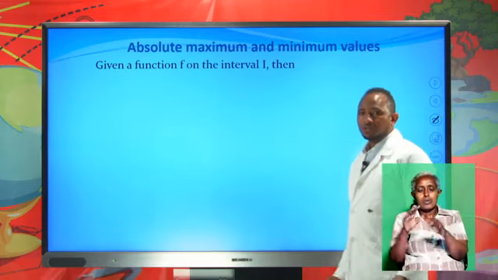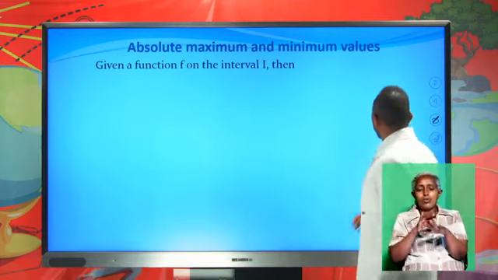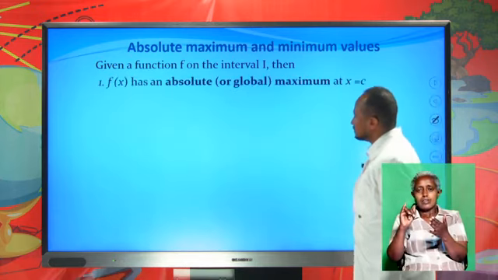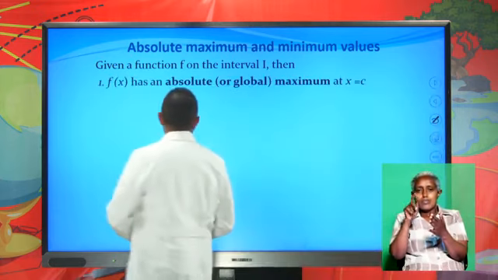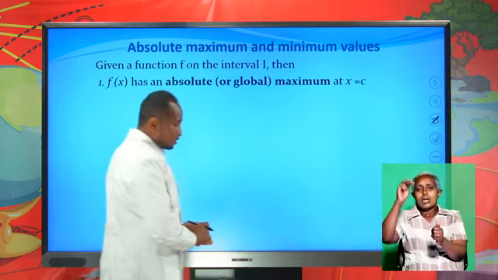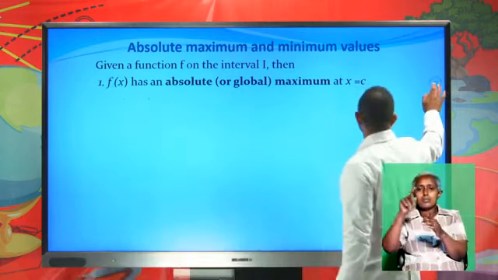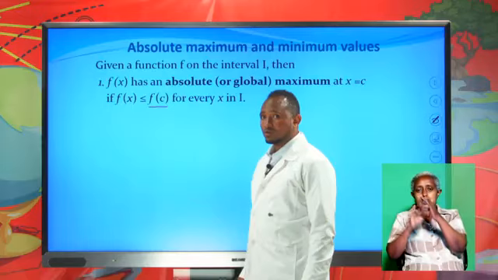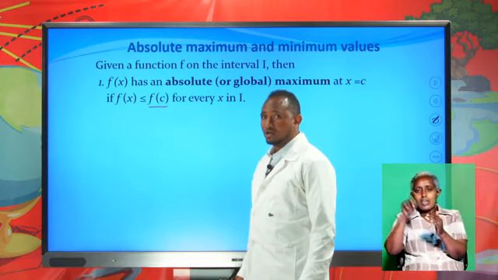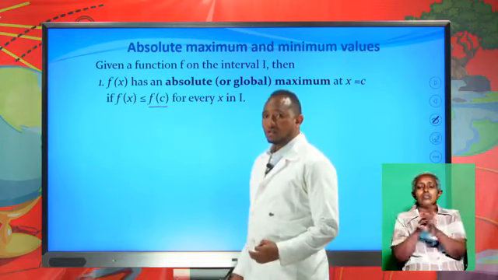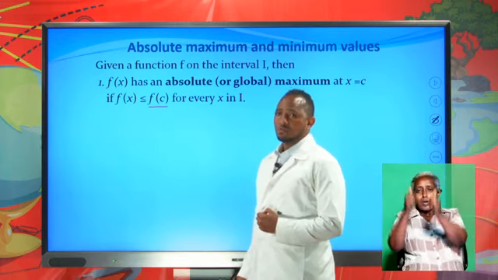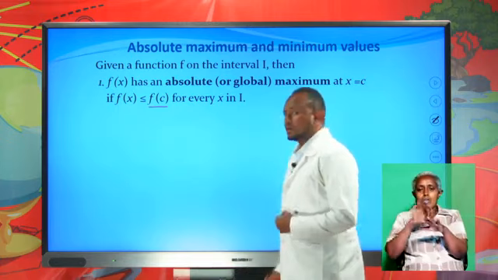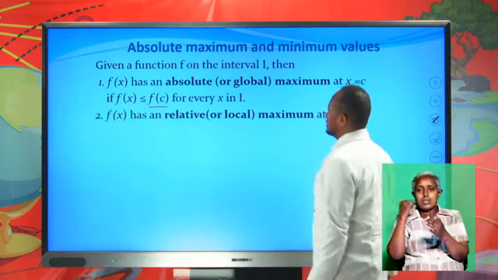Now, given a function f on the interval I, f of x has an absolute maximum or global maximum at x equals c if f of c is greater than or equal to f of x, or f of x is less than or equal to f of c for every x in I. Then the function has an absolute maximum value at x equals c.